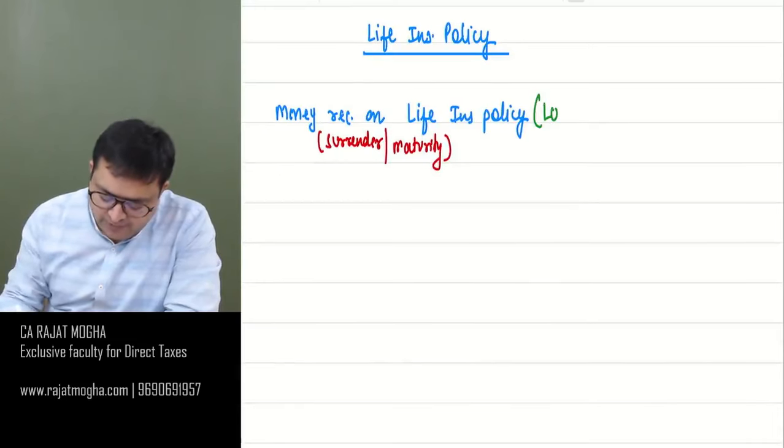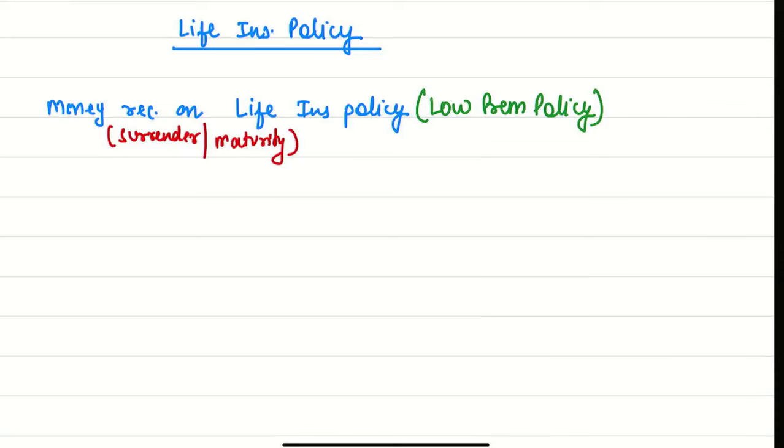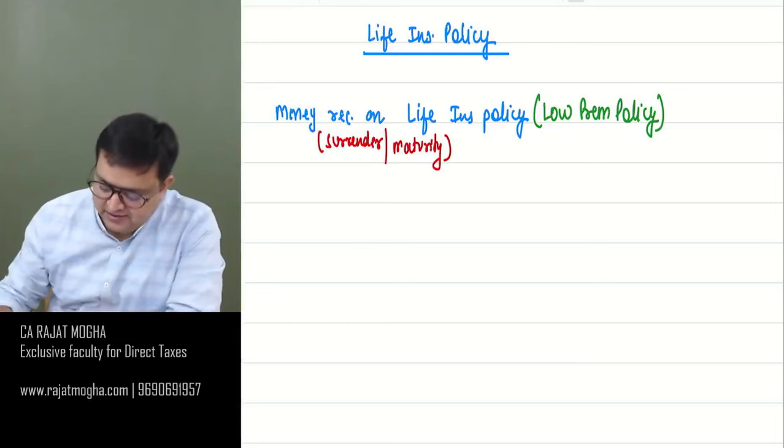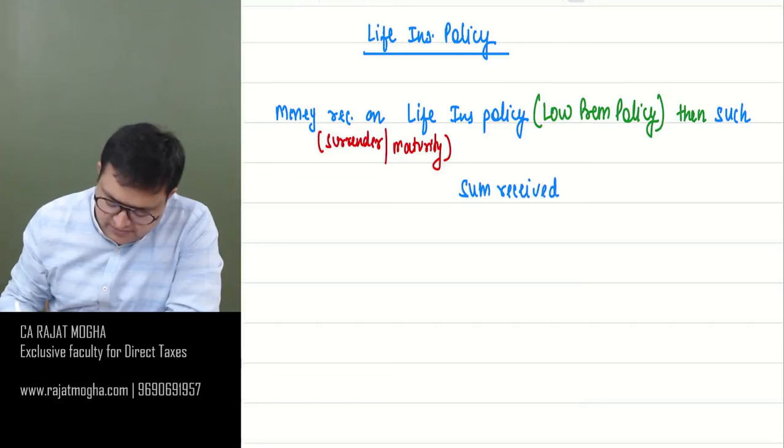If it's a low premium policy, then such sum received is exempt from tax.